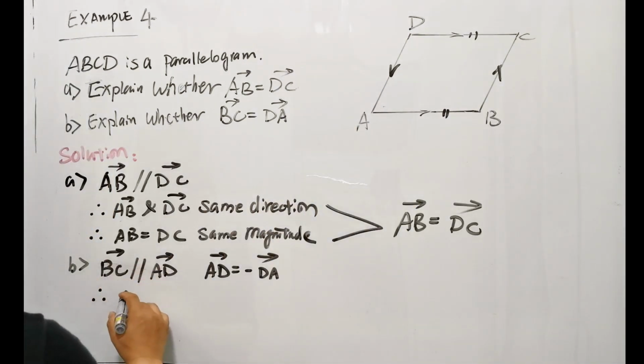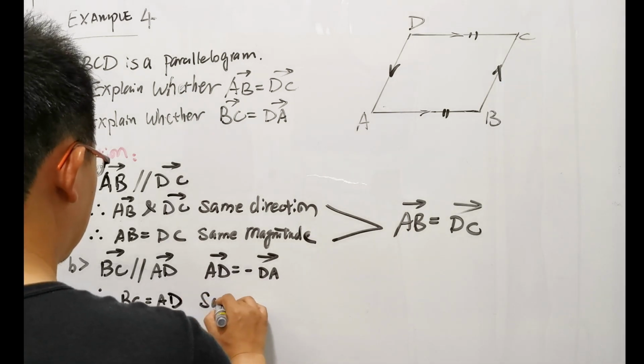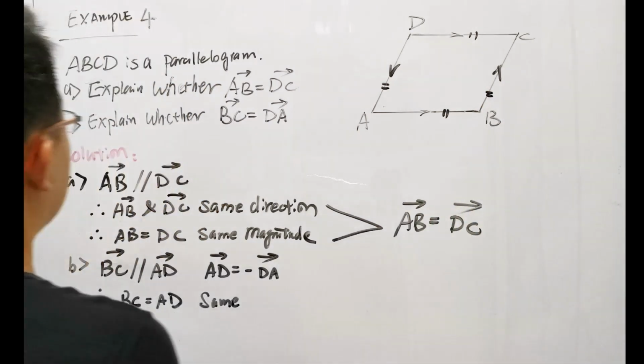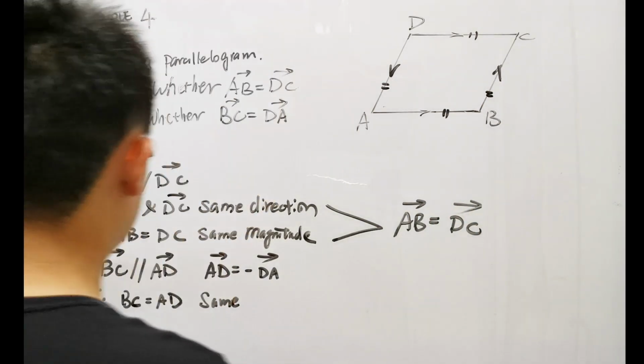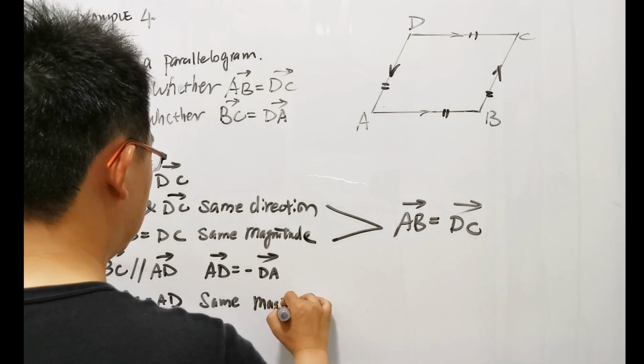From the parallelogram, we can see that BC equals AD. So they are the same magnitude. This one equals this one because they are a parallelogram, right? Same magnitude.